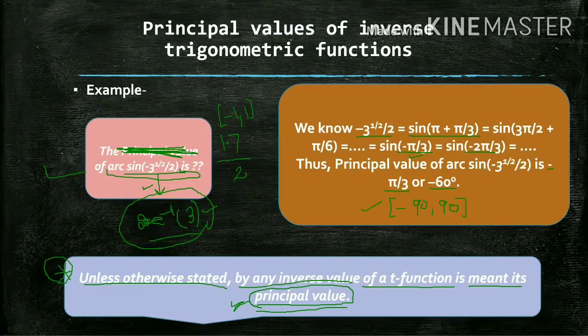From now onwards, you know this thing: whenever any question comes, find the inverse of this function, like cos inverse of this particular value, then you have to find the principal value. This is the important point you need to keep in mind. They would not tell you to find the principal value; they would indirectly say find this, which means the principal value. Clear?